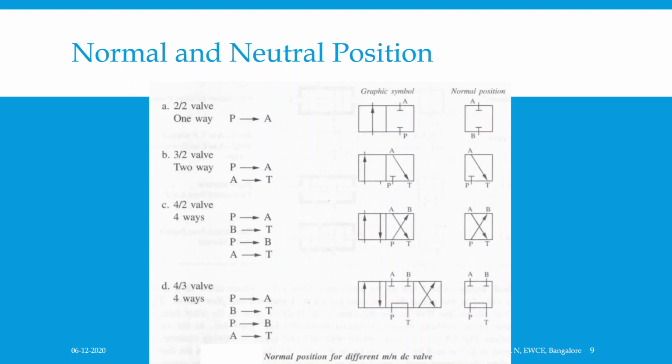Only the names of the ports for normal position are shown, and for other positions, the flow lines with an arrow are shown. And generally, the valves return to their normal position from the actuated position automatically, either by a spring or solenoid, and are called spring return or solenoid return valves respectively.